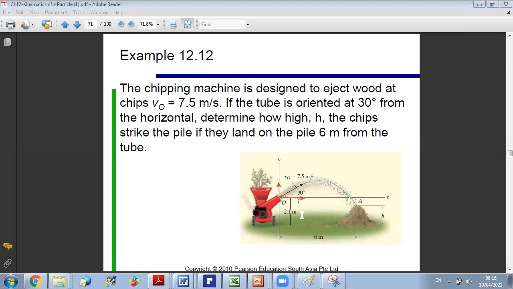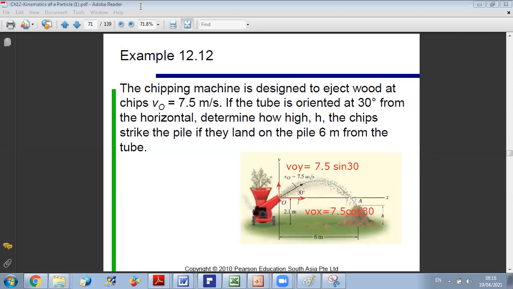So I can write that v0x is equal to 7.5 cosine 30, while v0y is equal to 7.5 sine 30. Okay, so I know the initial x and y components of the velocity.